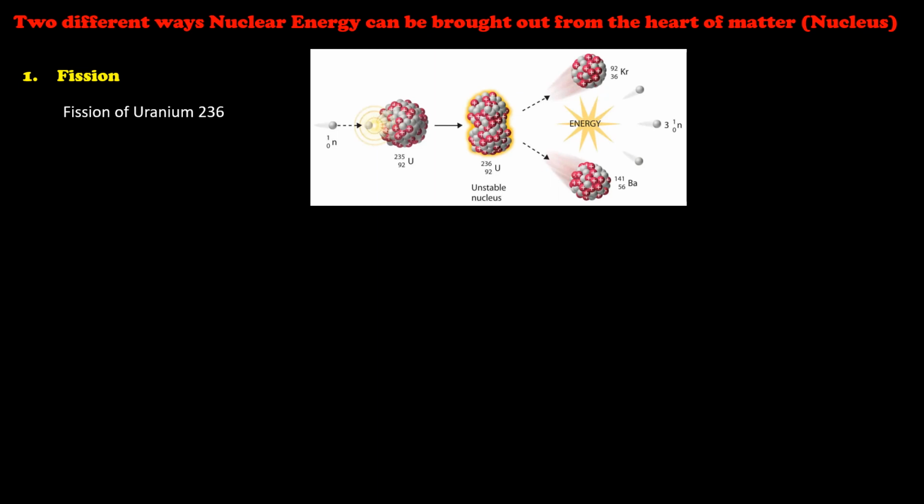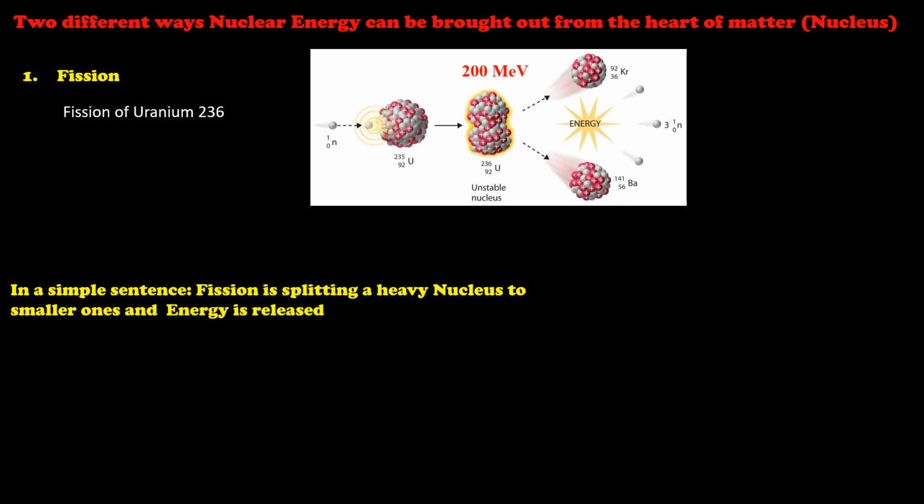But uranium-236 is very unstable, and almost instantaneously it splits into two smaller atoms, one of them krypton and one of them barium. As a result of this fission, three more neutrons are also ejected, plus a huge energy. This is simply the principle of fission of uranium.